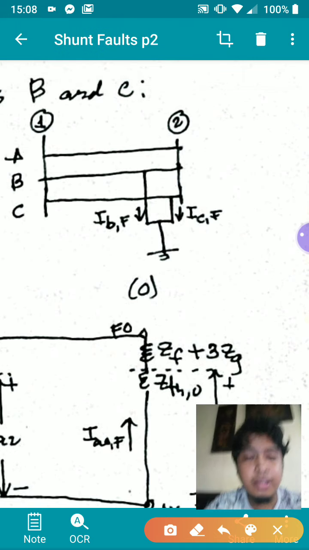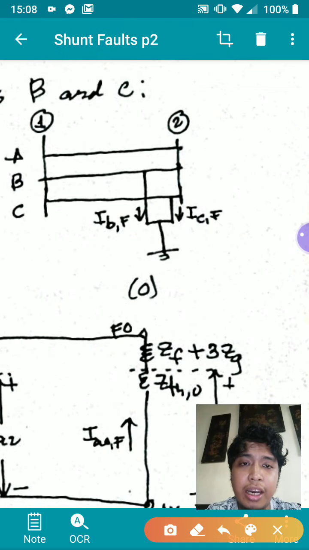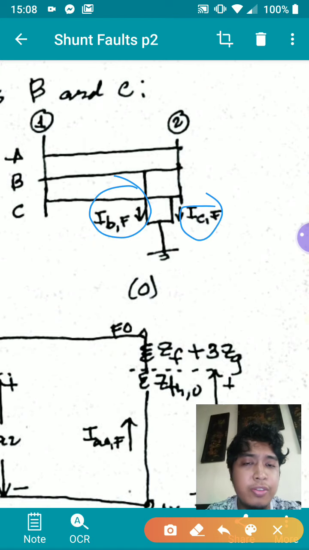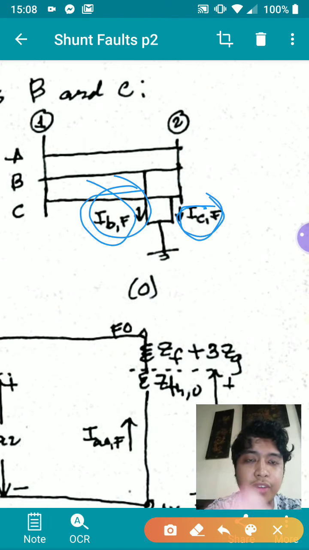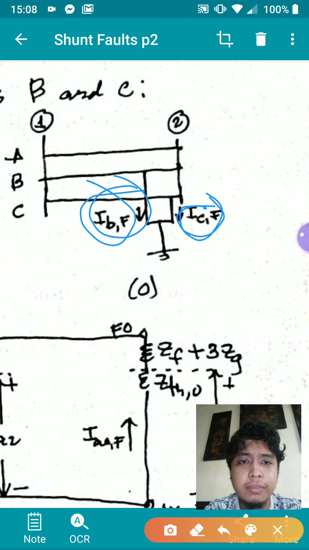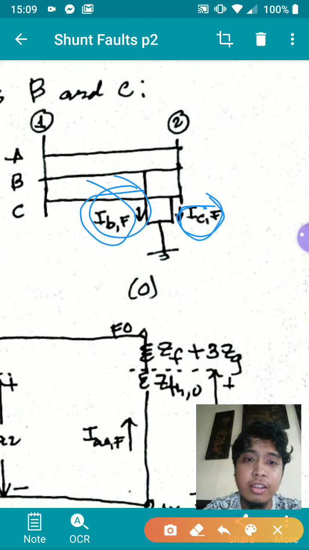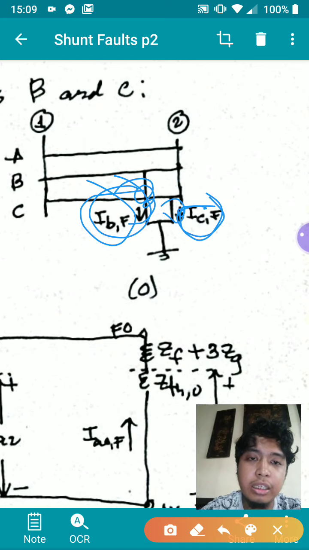From here you have IBF, you have ICF. You can no longer say that IBF is negative of ICF, I think. Then we may experience two different fault impedances: the fault impedance on the line and a grounding fault impedance here.